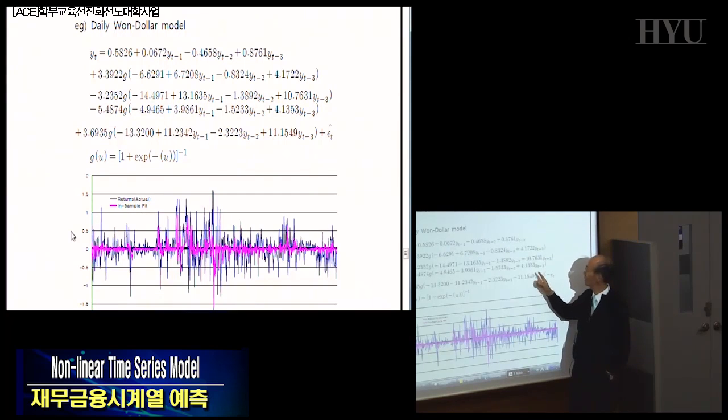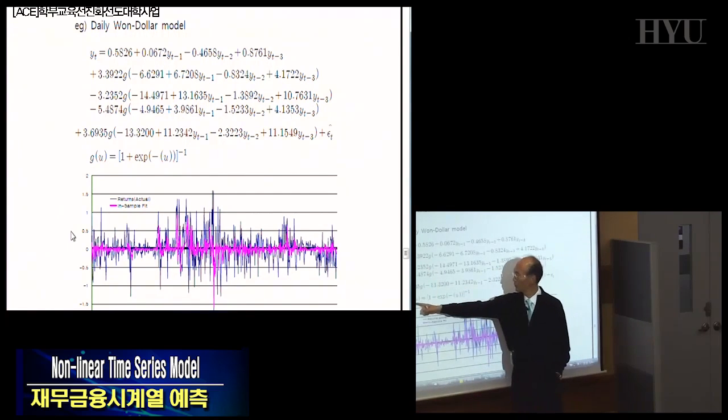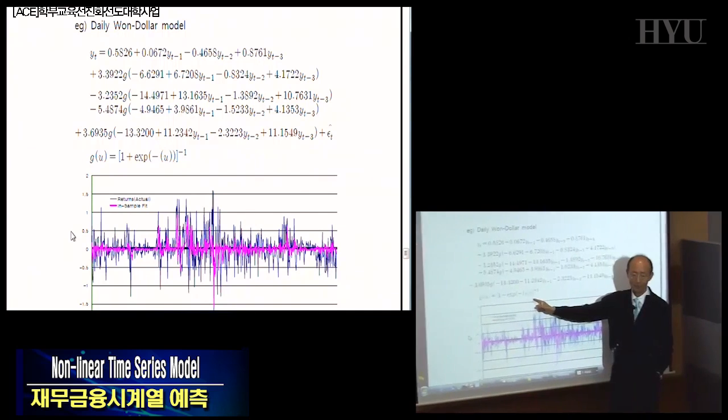So in this case, inputs are 3, and there are 4 combinations with this weight, where G function is defined in this way. Right?